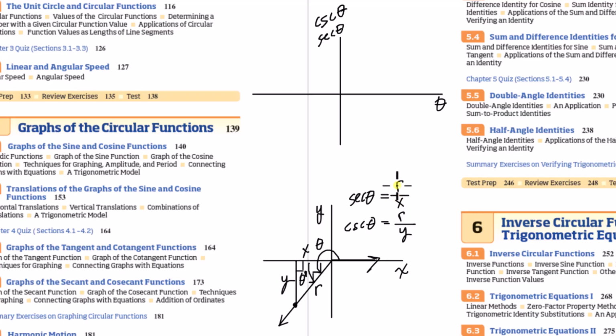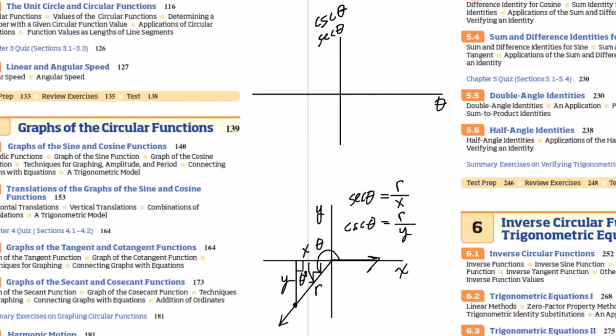Well, r is staying constant, but x is getting smaller and smaller and smaller until x approaches 0 when you approach pi over 2, the vertical. So you're going to positive infinity because r is always positive divided by a tiny positive number, right?